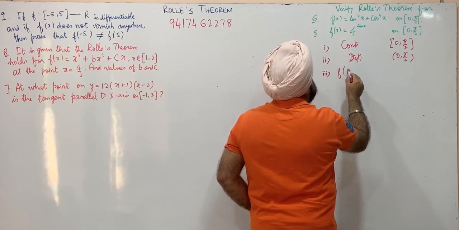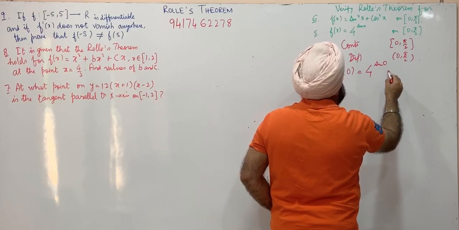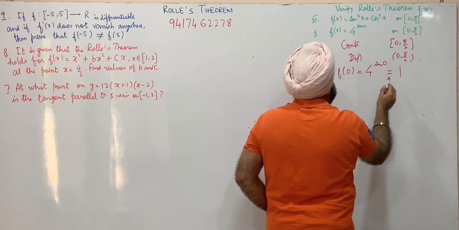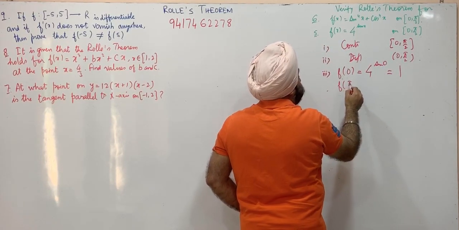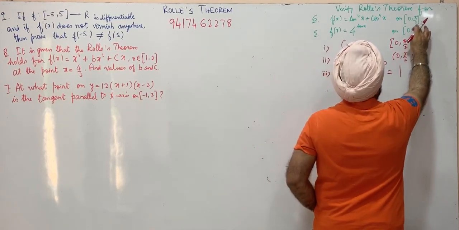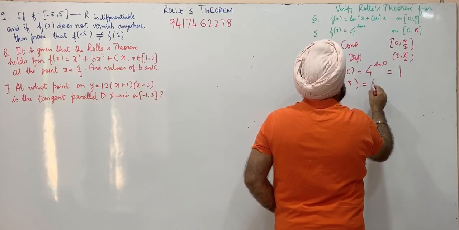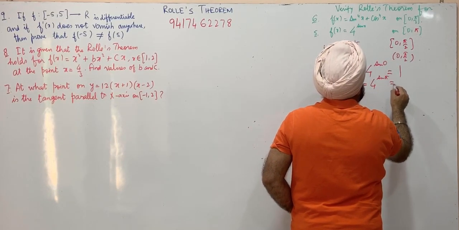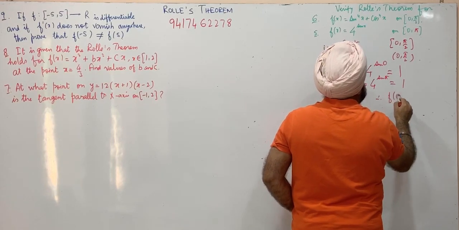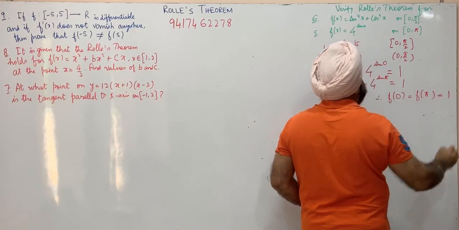We find the value at 0: 4 raised to sin 0. Sin 0 is 0, and 4 raised to 0 is 1. Similarly, f of pi is 4 raised to sin of pi, which is again 1. So f of 0 is equal to f of pi, each equal to 1.